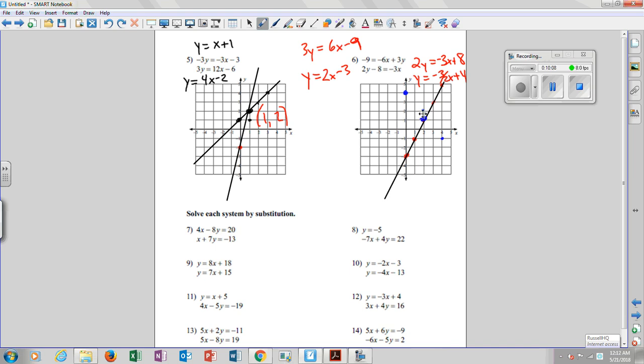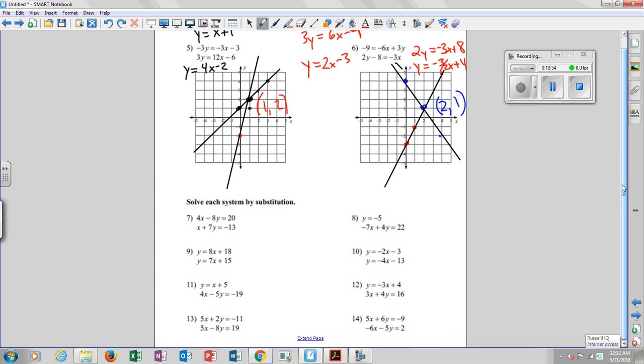Ugh, down 3, right 2, down 3, right 2. Help if I could count the spaces. That would be 2, 1 for your answer. Alright, that's it for those graphing ones. Let's move on to the substitutions.